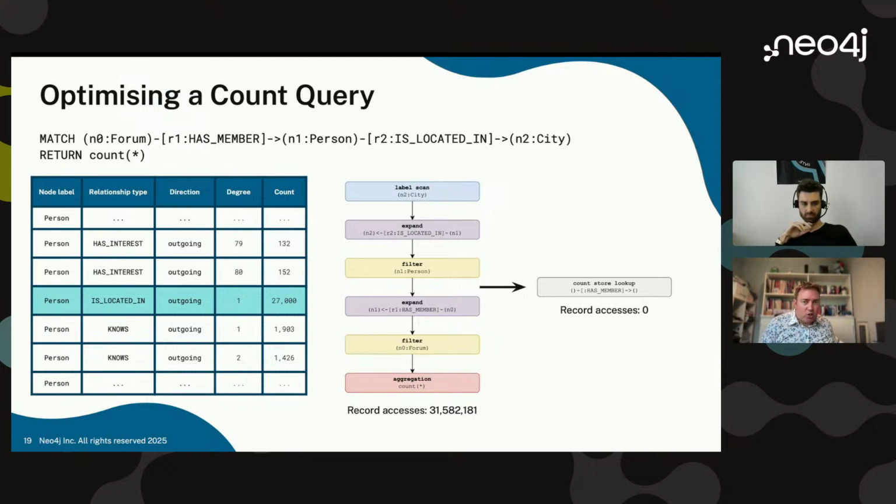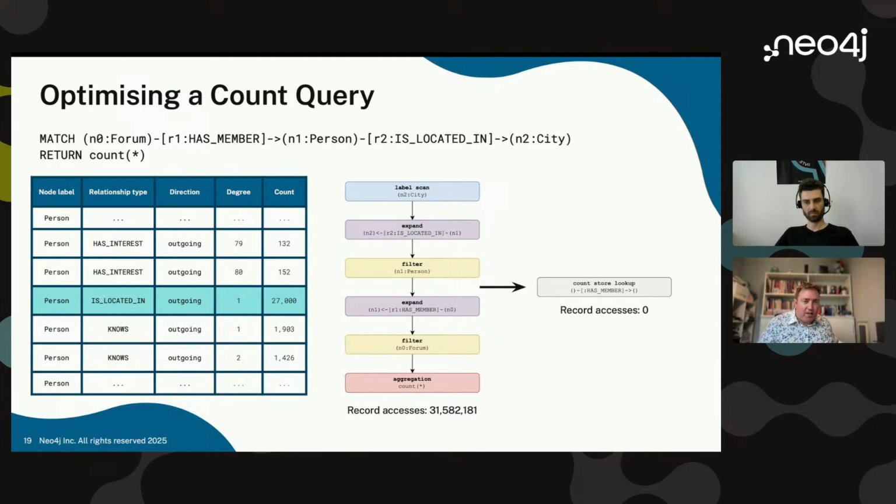That means that actually we can get rid of this one hop because we know it's going to be exactly 1. Traversing that edge doesn't actually change the output of that count, so we don't need to do it. So we can get rid of that traversal. And then we can also do a similar thing with the has member.